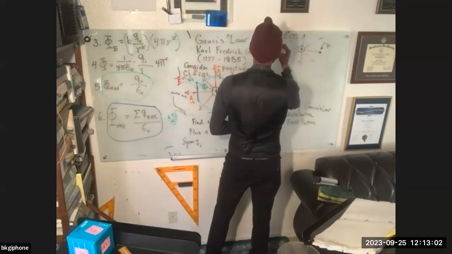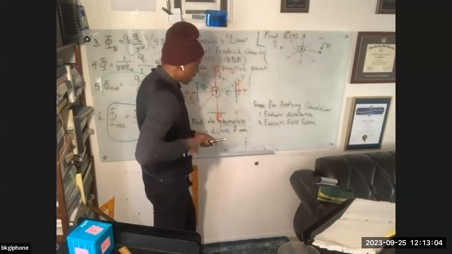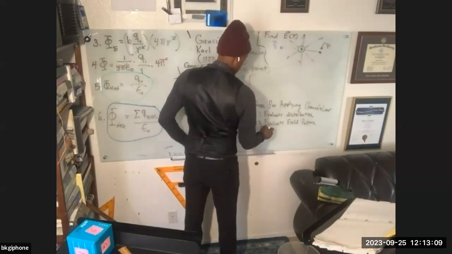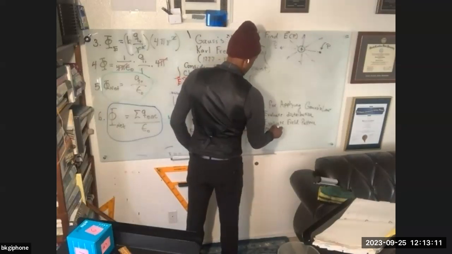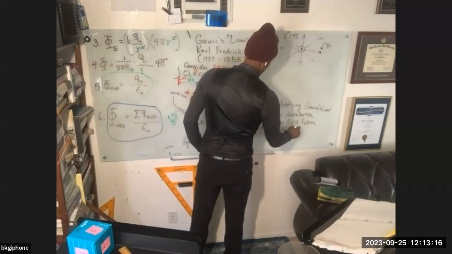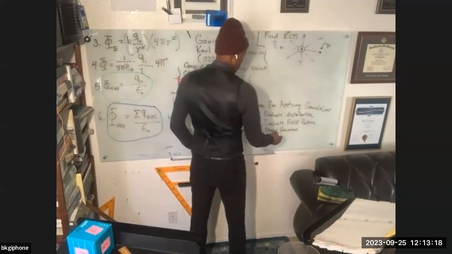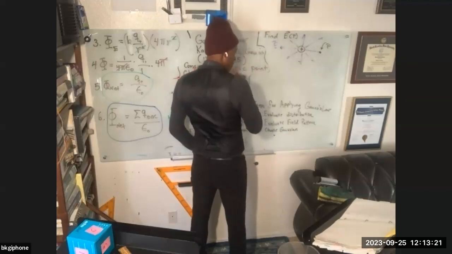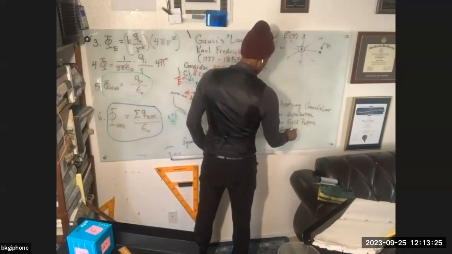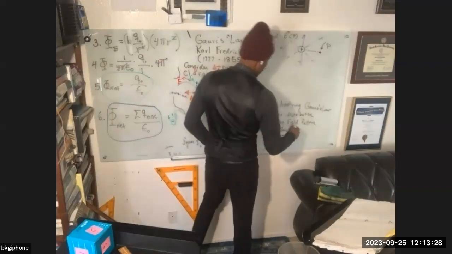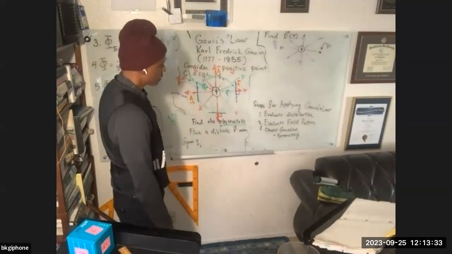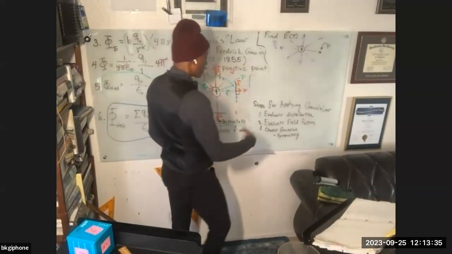Okay, so that's E. Next, choose your Gaussian surface. And it has certain criteria. Choose Gaussian. And the criteria basically can be broken down into 2. One, we want high symmetry. And by that I mean, generally, if you choose a Gaussian that is symmetric, that is similar to the geometry of the charge distribution, then that's the symmetry that you need. And center it, whatever you need to do to center.